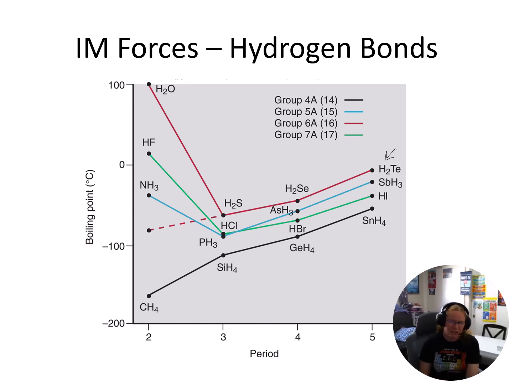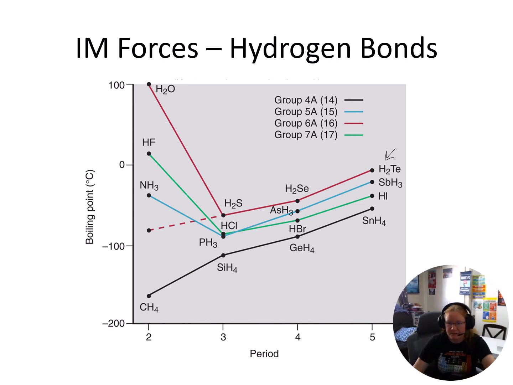But then what happens when I get to oxygen that's next to sulfur? It shoots straight up. We also see a difference in the boiling point with hydrogen fluoride and ammonia that does not follow the trend we would have expected from the other elements in groups 5A and 7A. Whereas group 4A, everything follows that trend. It steadily goes down with that boiling point as we go from lower down to higher up elements.